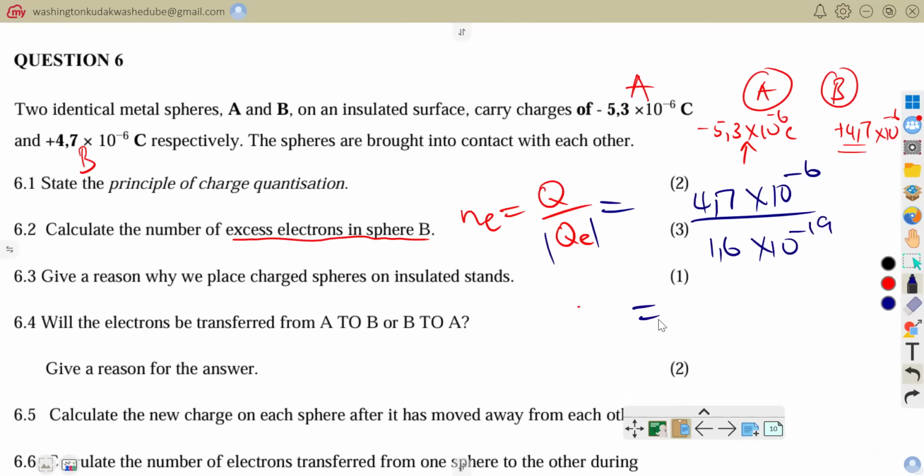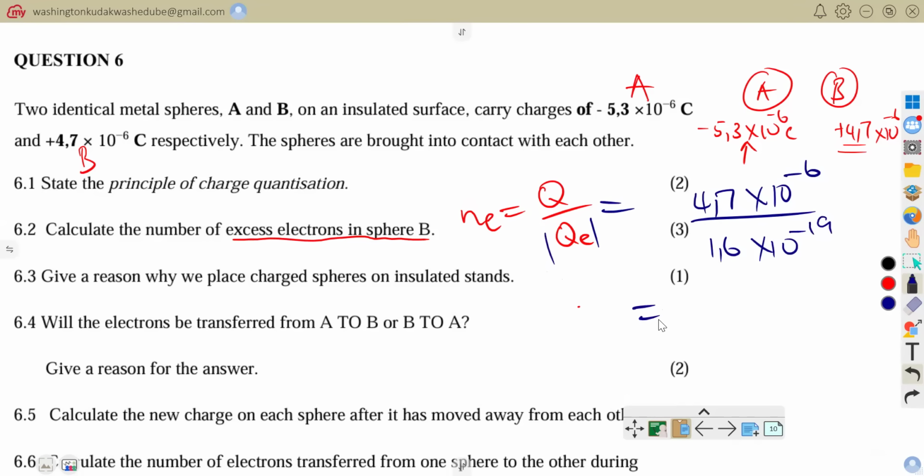So 4.7 times 10 to the power negative 6 divided by 1.6 times 10 to the power negative 19.